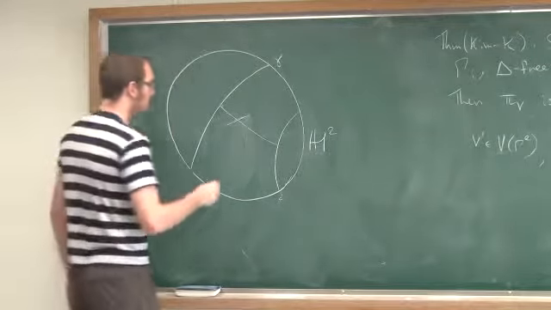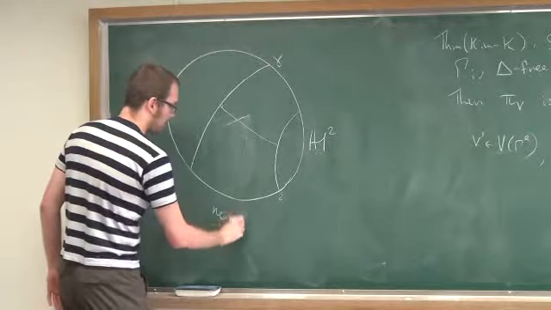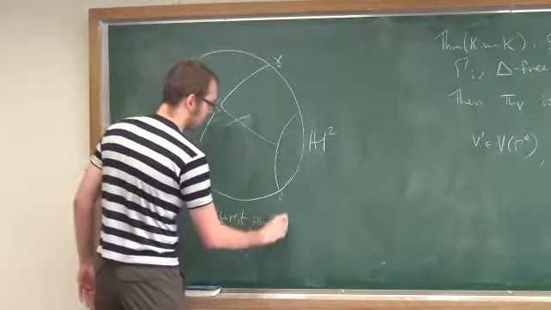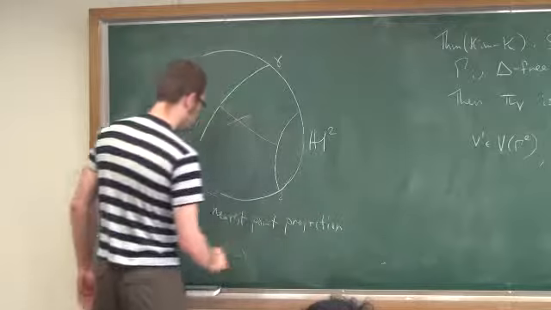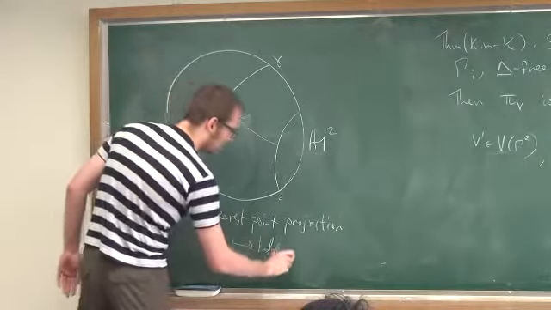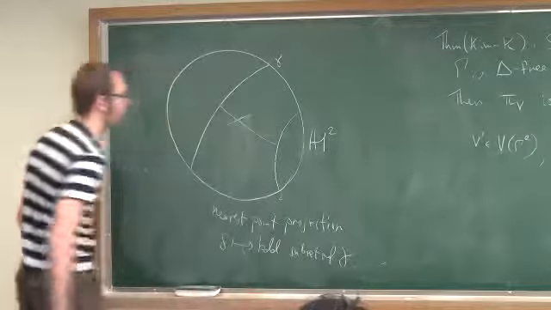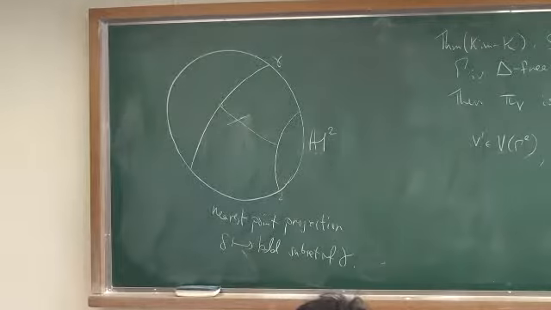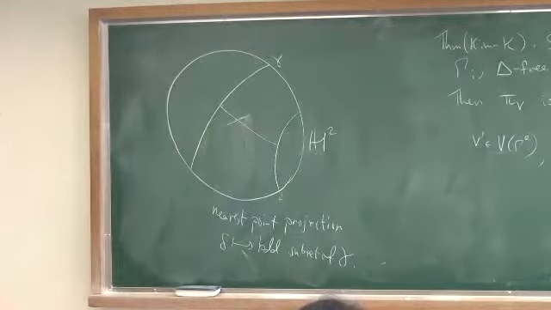This nearest point projection sends delta to a bounded subset of gamma, and the diameter of that subset depends on the distance between these two geodesics.